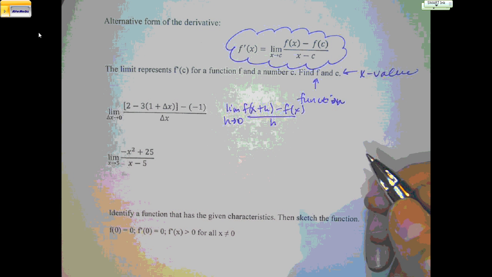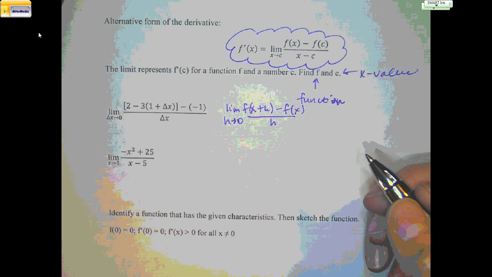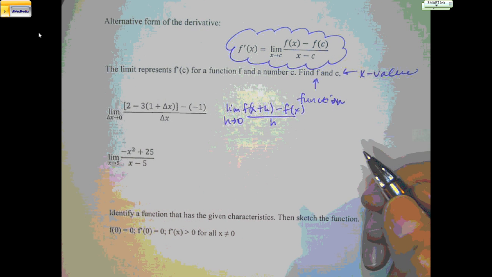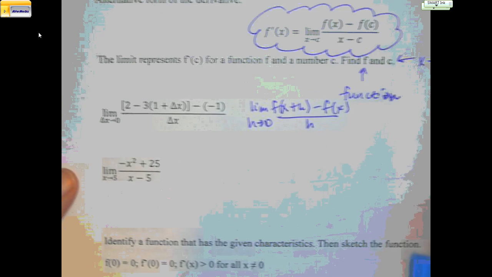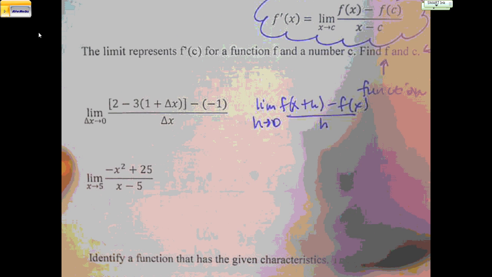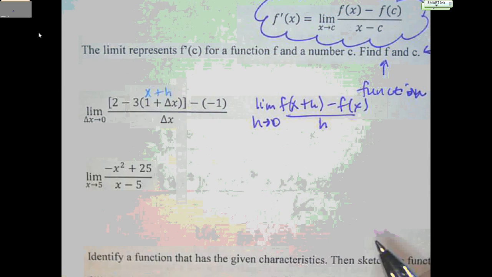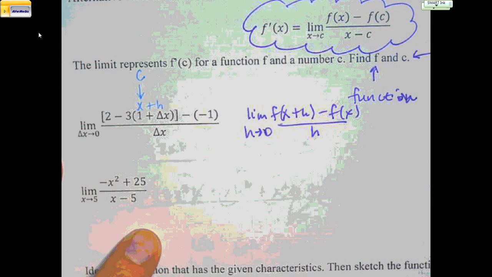If everywhere I saw an x, I put in x plus h, is there a part of this that looks like it's probably x plus h? Yeah, that 1 plus delta x. So this is probably the x plus h part. If this is the x plus h part, what's x? 1. So there's your c. So c equals 1.